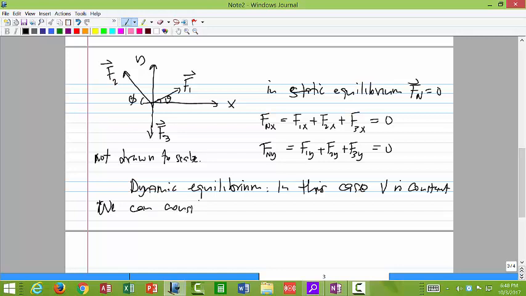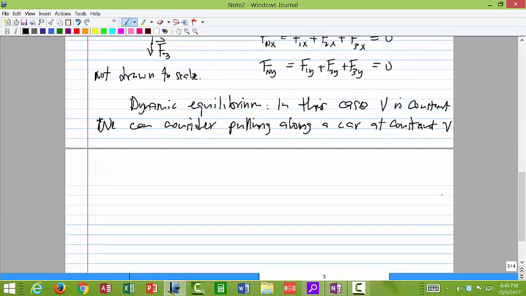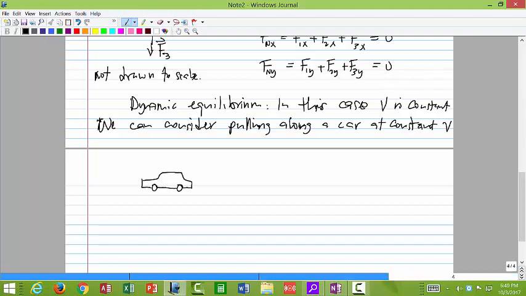So let's consider pulling along a car at constant v. I can draw the car first, and then I'll draw the free body diagram. Let's say the car is being pulled along. This is F1.